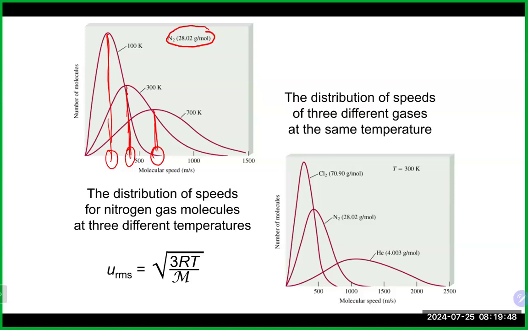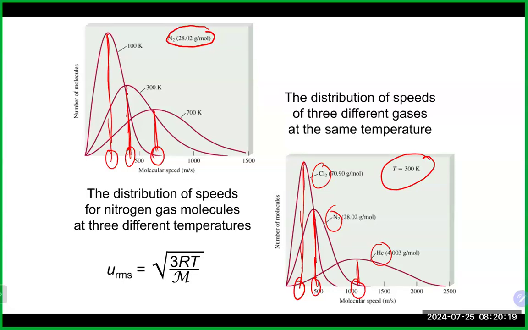Now, if we keep the temperature constant, but look at three different gases here, we've got chlorine, nitrogen, and helium. For chlorine, on average, most of them are heading about that fast. For nitrogen, they're heading about that fast, and for helium, they're heading about that fast. What we see here is that at the same temperature, there is a difference between the gas molecules.